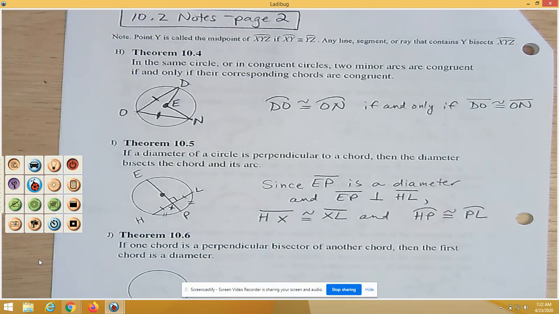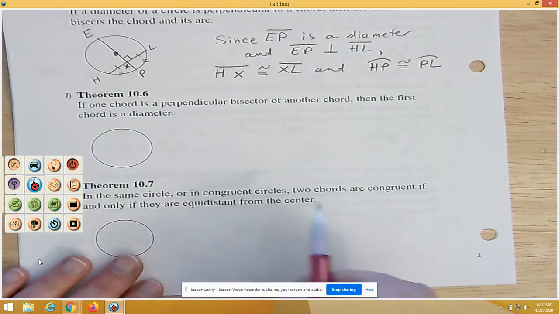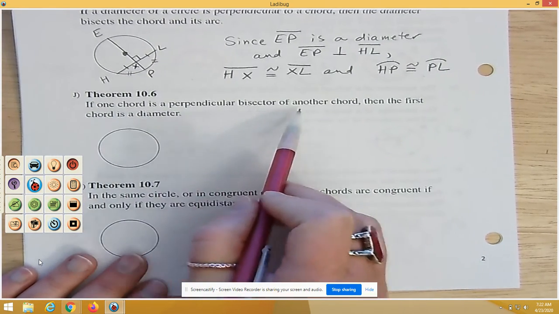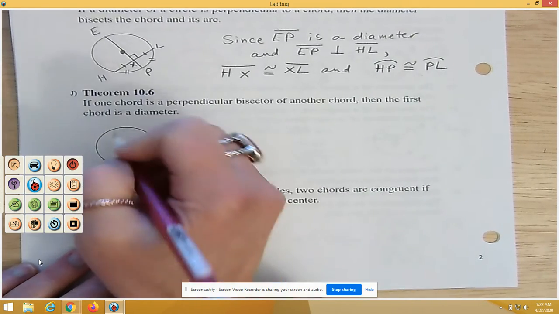This theorem, theorem 10.6, matches up with it pretty much exactly. It's just saying if one chord is a perpendicular bisector of another chord, then the first chord is a diameter. It's pretty much the converse.